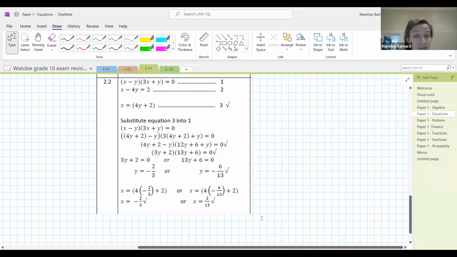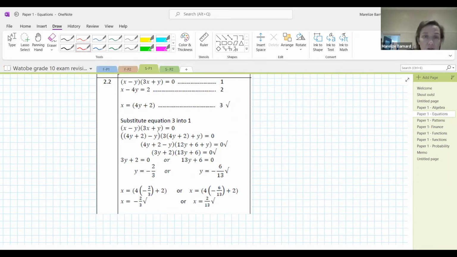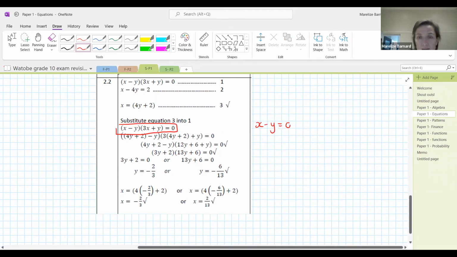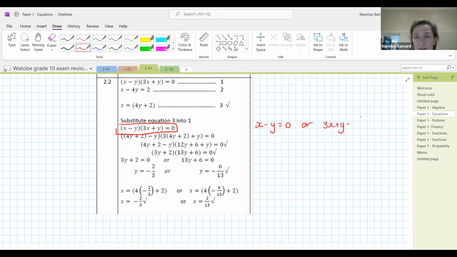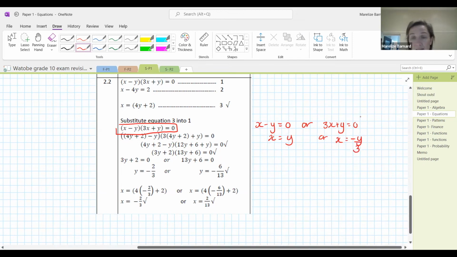Or you could have, right at the start, noticed that this part is a quadratic. So you can just go x minus y is equal to 0, or 3x plus y is equal to 0, and then x is equal to y, or x is equal to minus y over 3.